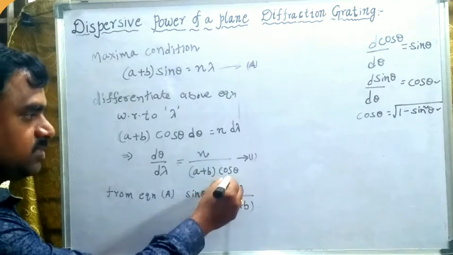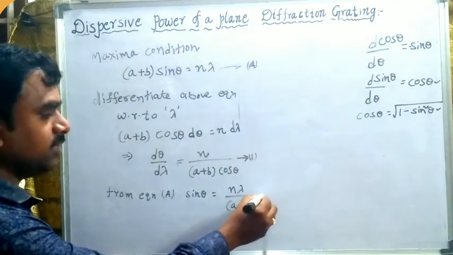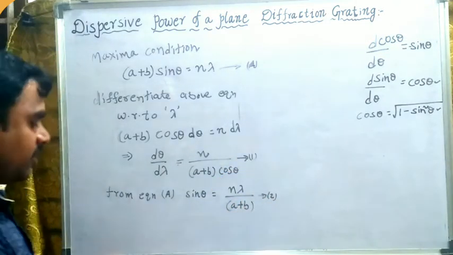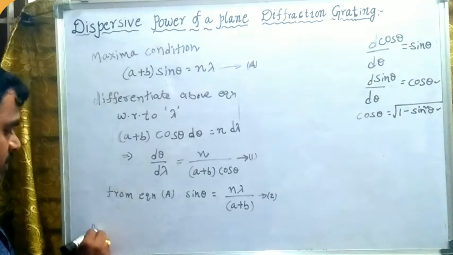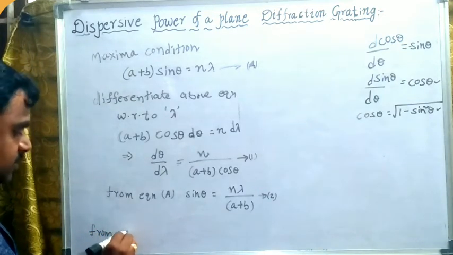So instead of cos theta, can we write like that? This equation we will call equation 2.